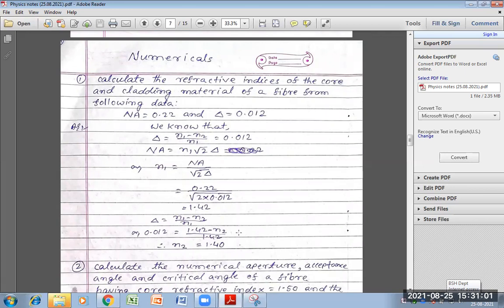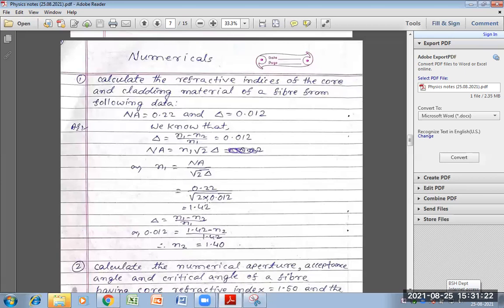Refractive index change is given here, and numerical aperture is also given here. So we have to determine the refractive index of the core as well as the cladding.